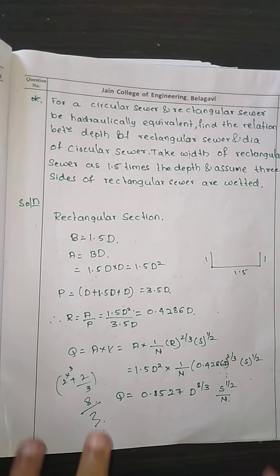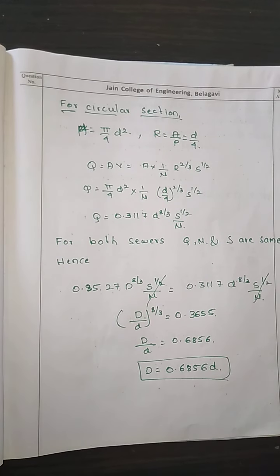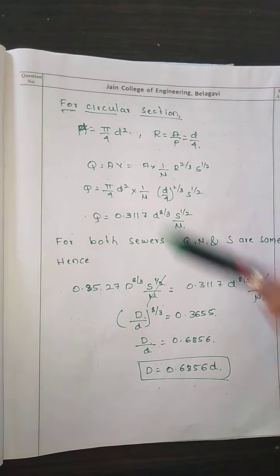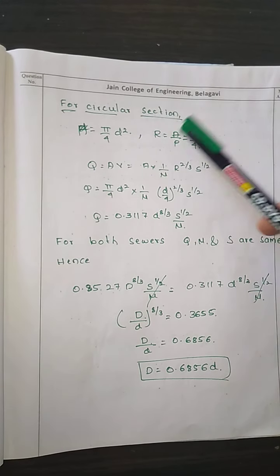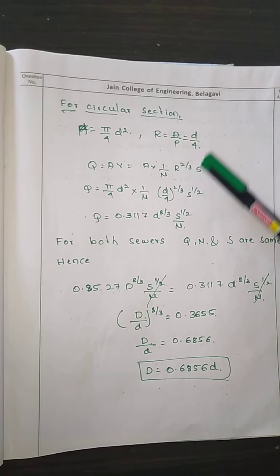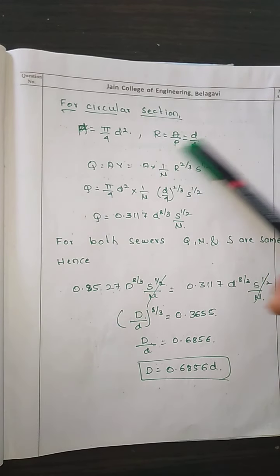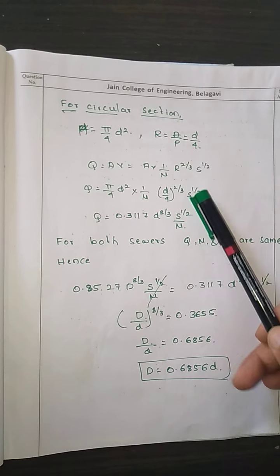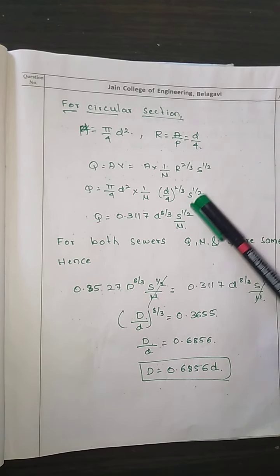Okay. Now next we need to establish the relation for the circular section. For a circular section, as it is going to flow under a full condition, A is equal to pi by 4 into D squared, and R is equal to A by P, that is D by 4.